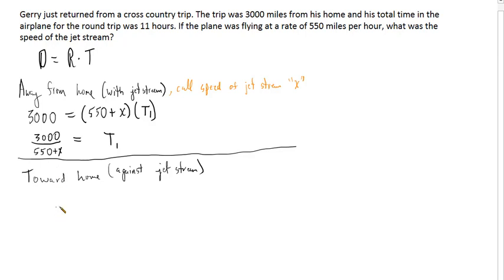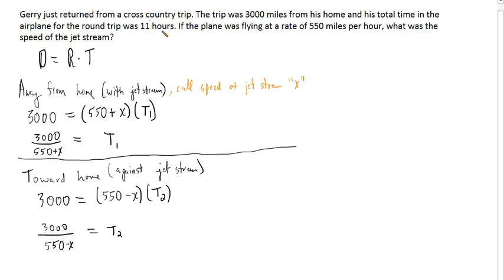Again, using distance equals rate times time, now we have 3,000 is equal to 550 minus x. And again, we don't know the time coming back, so let's just call it t2. Well, then t2 is equal to 3,000 over 550 minus x.